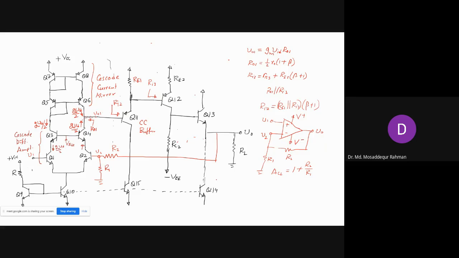Now you can also construct this op-amp circuit using discrete amplifiers and try it out.